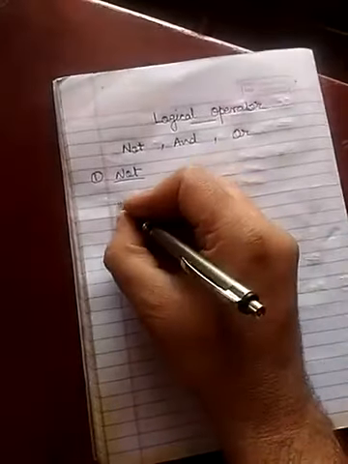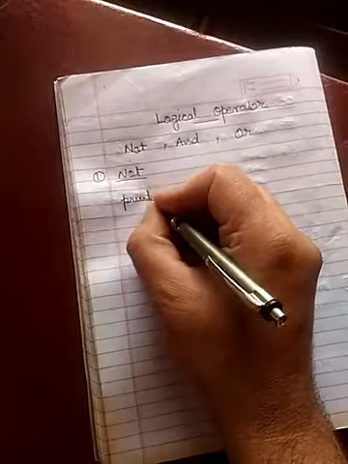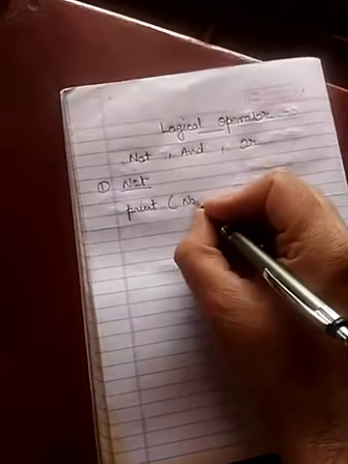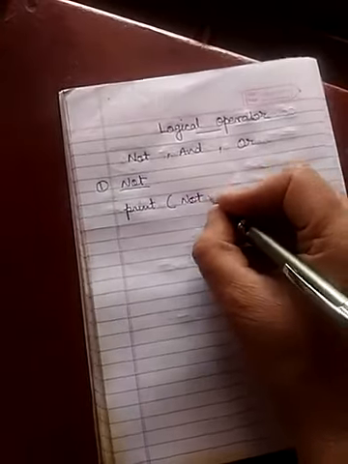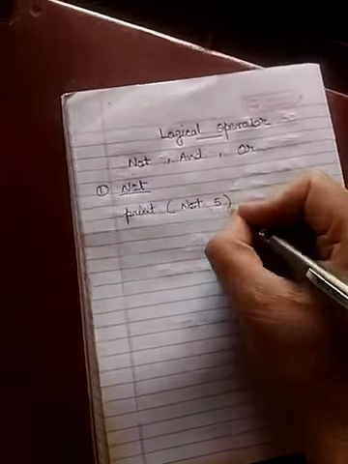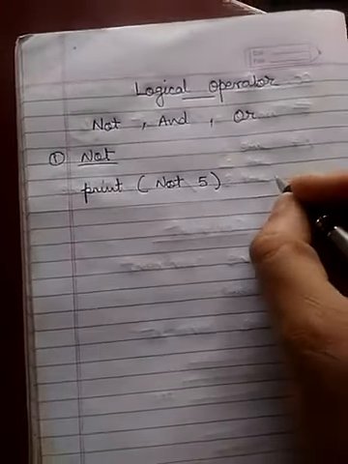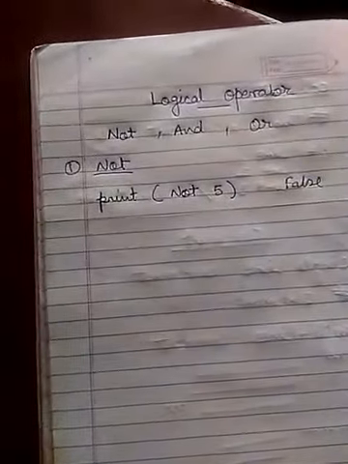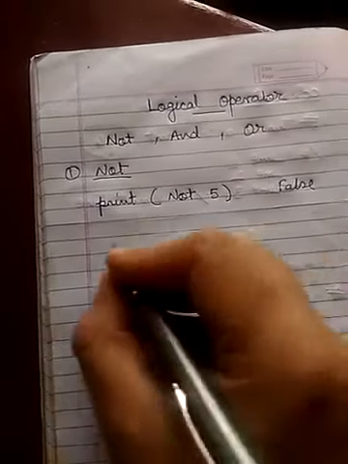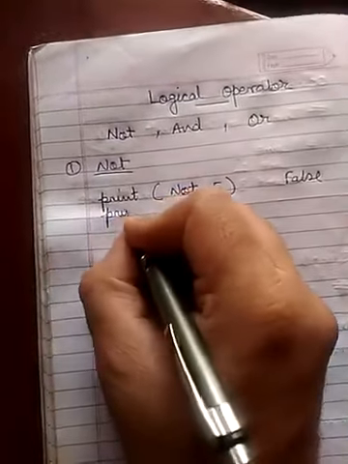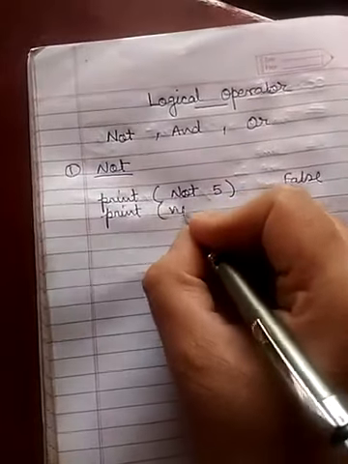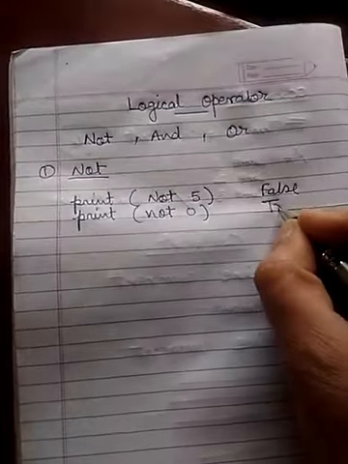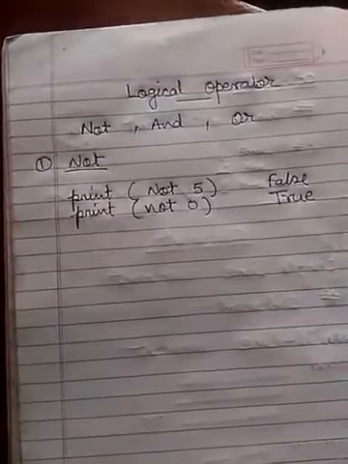So if I write print not of 5, you will get output false, because 5 is considered as a true value. If I write print not of 0, you will get answer true.